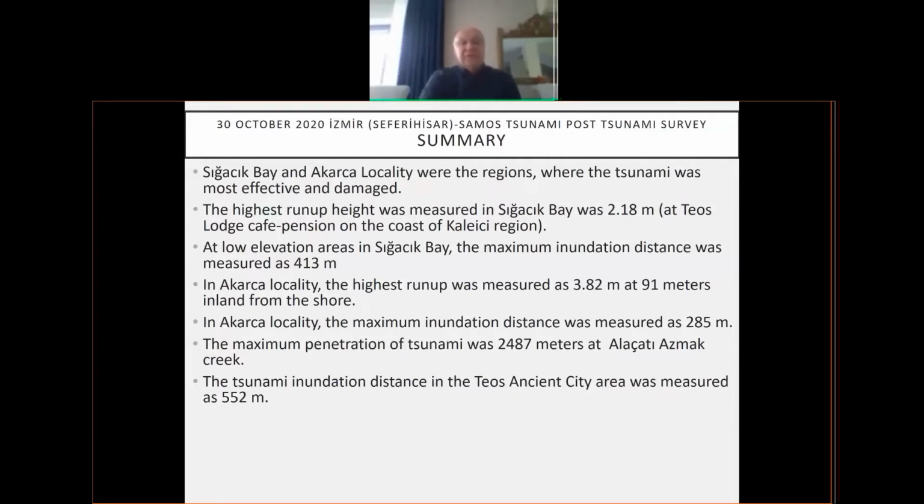The distance was measured as 285 meters. The maximum penetration of this tsunami was observed in Alaçatı Azmak, 2,487 meters. In ancient Teos southern harbor, there was also 552 meters inundation. This inundation followed the old harbor area of the ancient city.